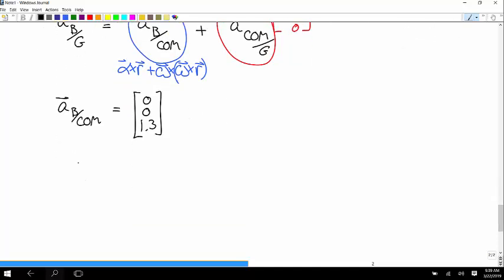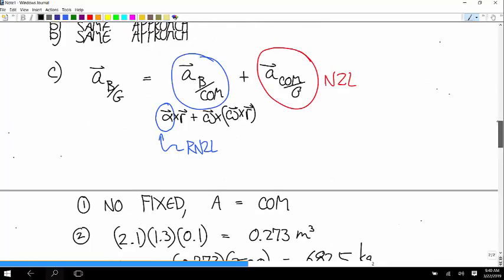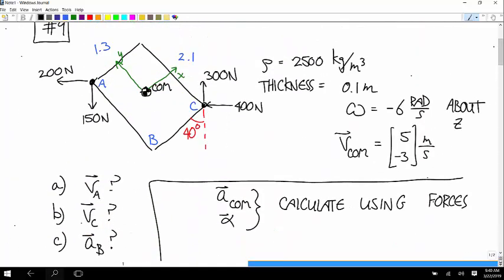So we have cosine of negative 40, sine of negative 40, 0, negative sine of negative 40, cosine of negative 40, 0, 0, 0, 1, times that point B. We're going to go 0.65 in the negative x and then 1.05 in the negative y.